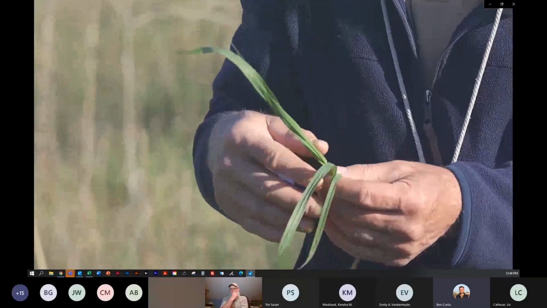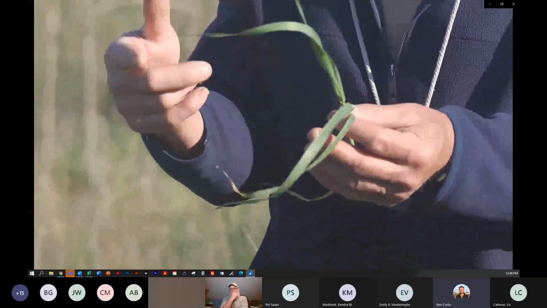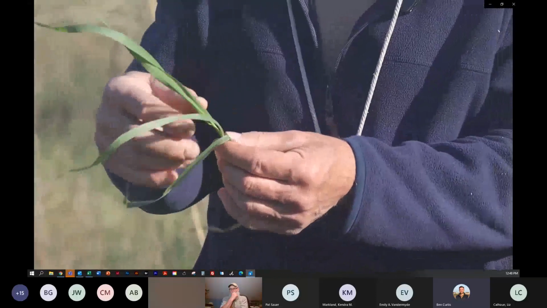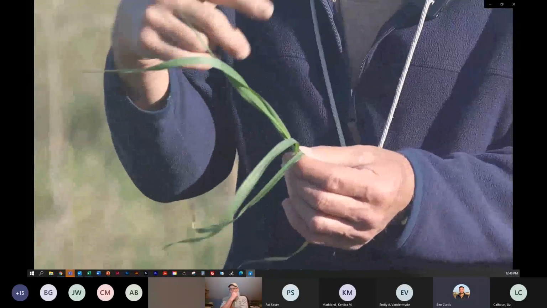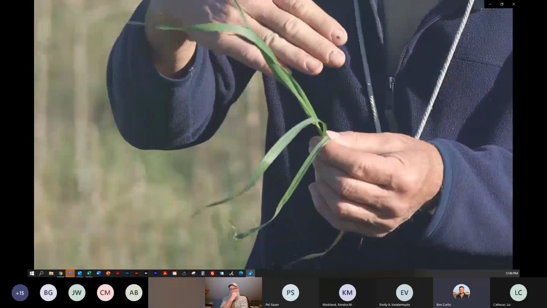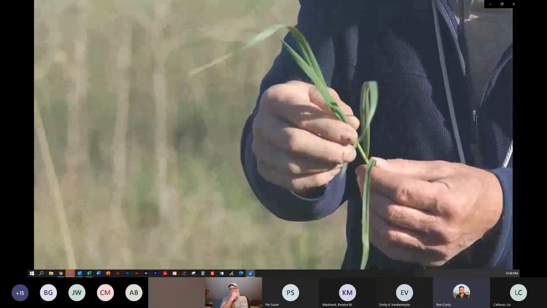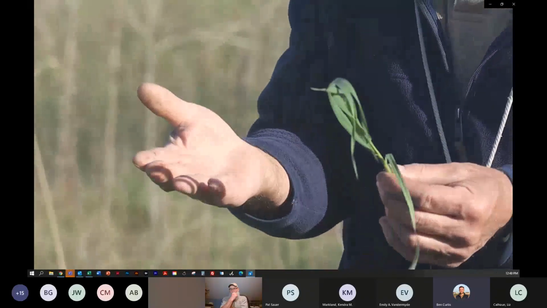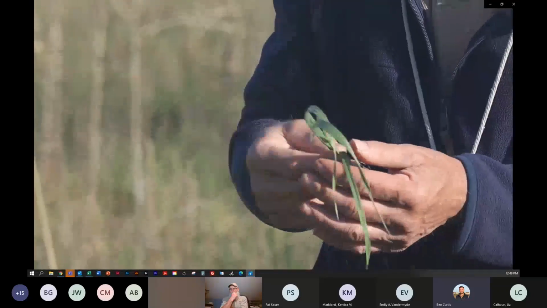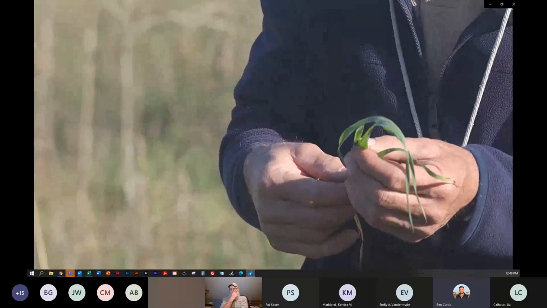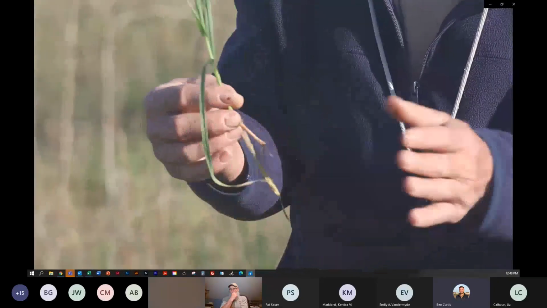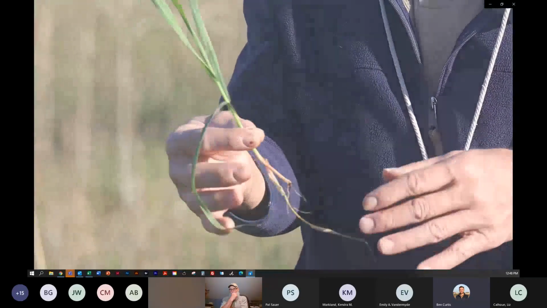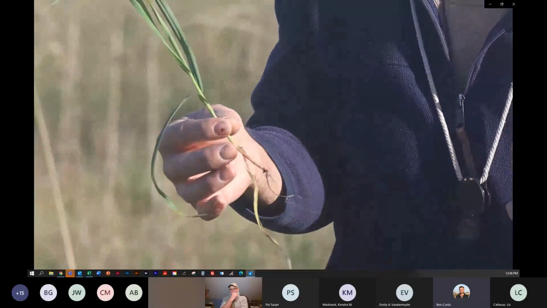It is known to be what's called a circumboreal species, so the species itself was native to all the continents around the northern latitudes. North America did have native reed canary grass, Phalaris arundinacea, but that's probably not what we see in most of the environments that we have here.